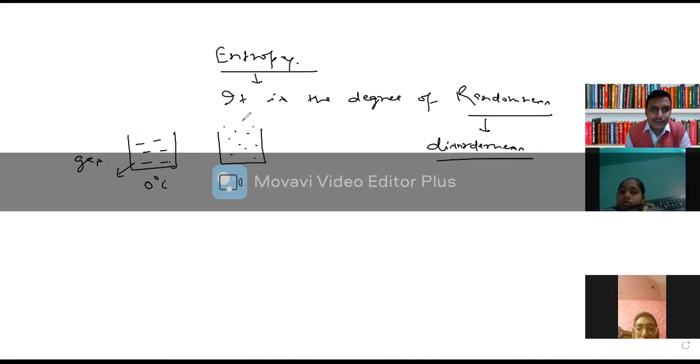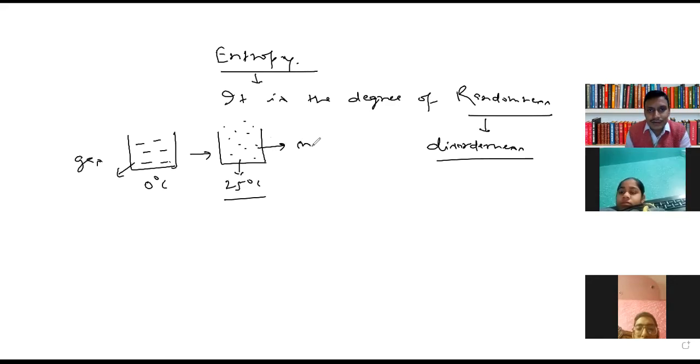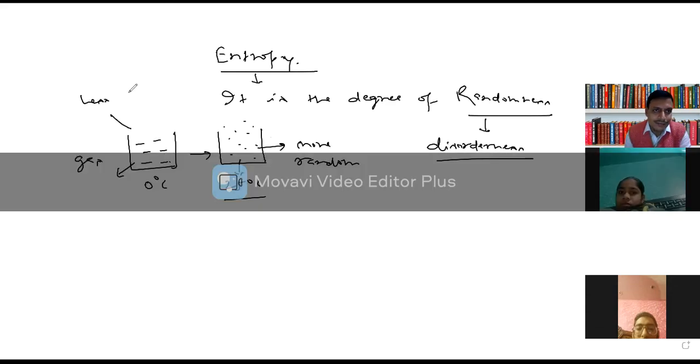It becomes more random at 25 degrees C than this. So the randomness of this gas increases. This is more random or more disordered, and this is less random. This is all about entropy.